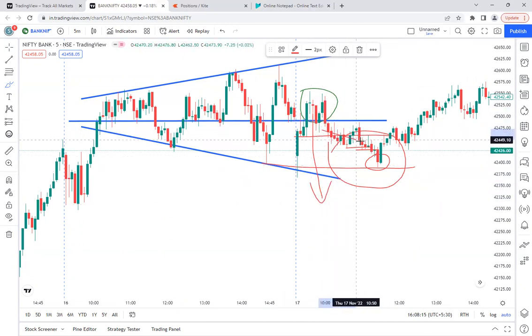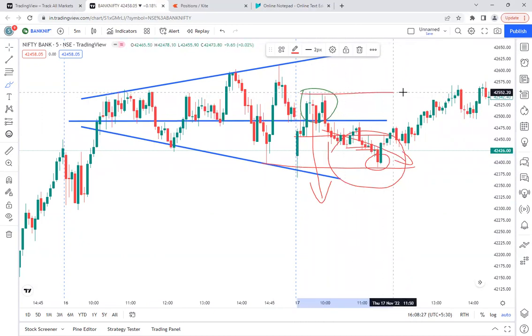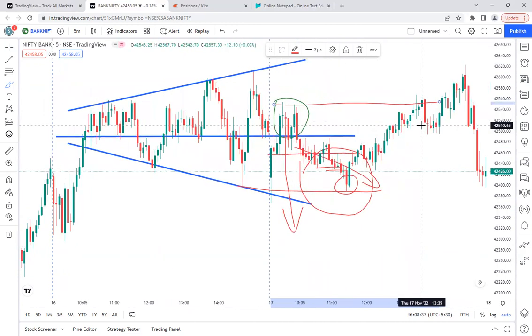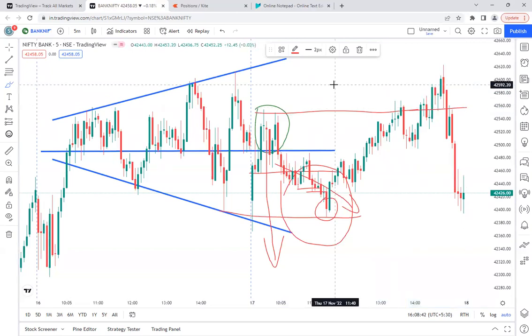It took 1.5 hours to come to this point where everybody knows that it is trying to go down, and that is the place where manipulators will definitely come, and they will go above this level, because all the sellers who kept their stop losses will be just above this point, right? If you see, that has happened finally.